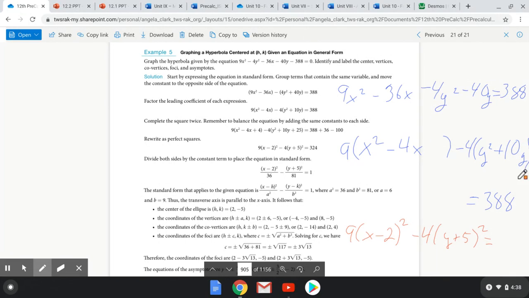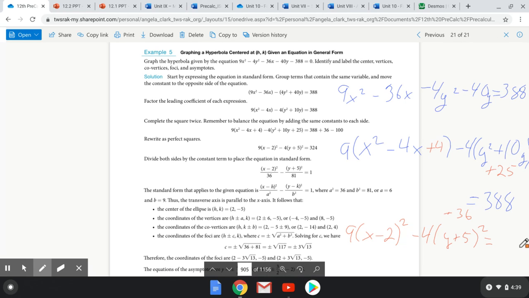Okay. So now I have a 2 here, so I have to add 4. But remember, what I'm really adding is 4 times 9. 4 times 9 is 36, so I'm really adding 36. So I'm going to add 36 over here to the other side. And then on this side, I have 5. 5 squared is 25, so I had to add 25 in here.